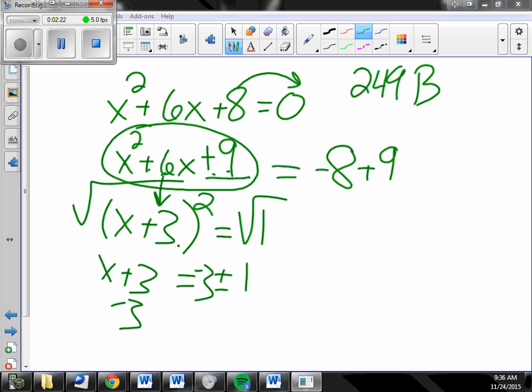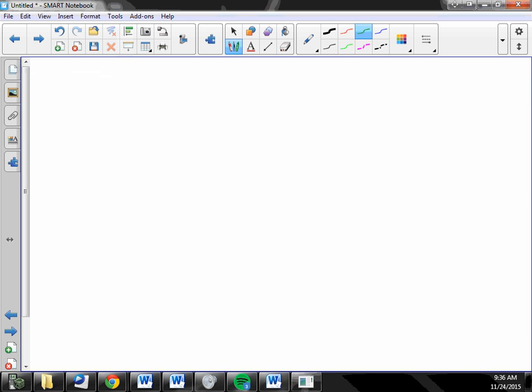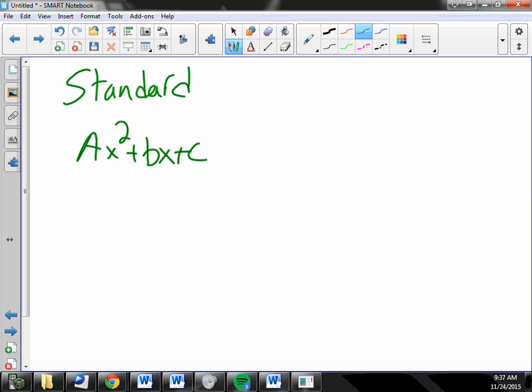We're going to do the same basic idea here, except we're not trying to find roots. We're trying to change how an equation looks. Quadratic equations can be written in two forms. The first is called standard form, and it's the one you're most used to. It's ax squared plus bx plus c equals 0, or equals y.